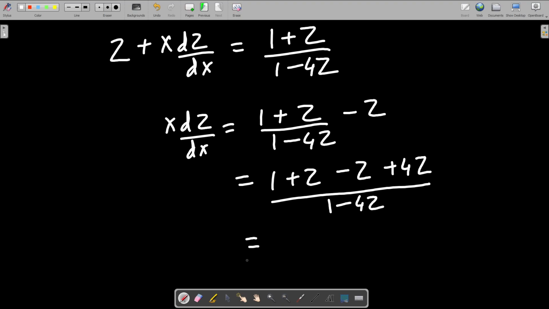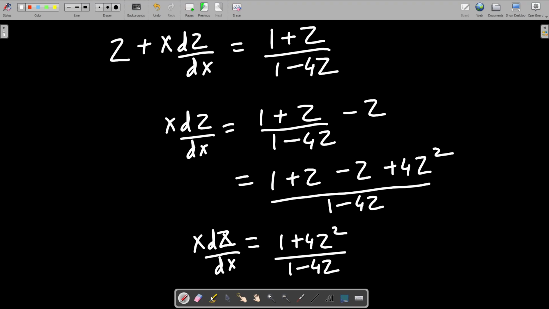There is no quadratic term here, no? So 4z square. So this will become 1 plus 4z square upon 1 minus 4z, x dz by dx.